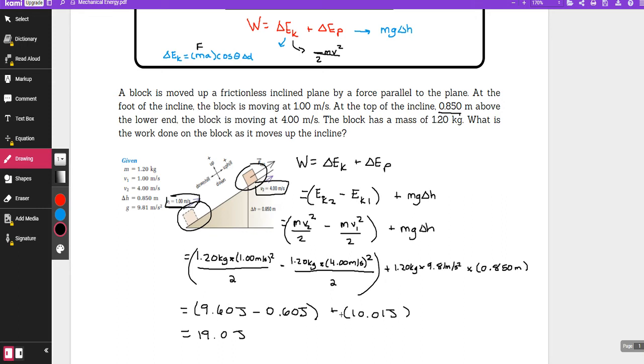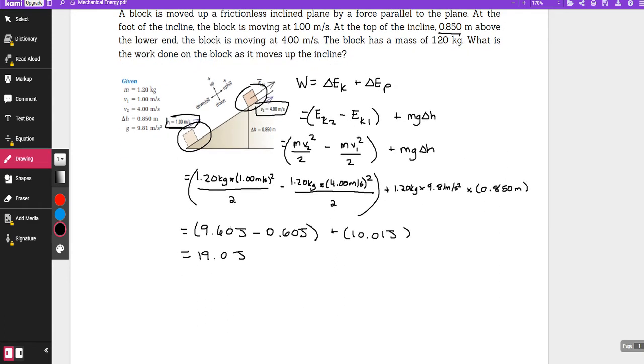And this tells us that it's 19 joules of work, and then we had 9 joules of kinetic energy, because that's what this calculated. This ended up calculating the work, and I should put my variables in a little bit longer.